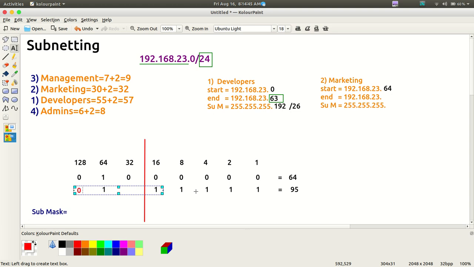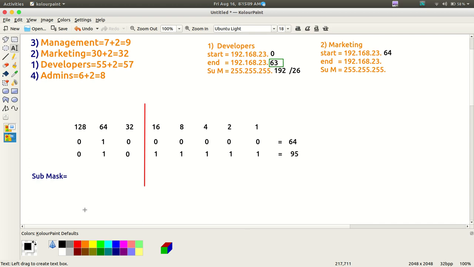So this will be 0 and here will be 0. Okay, so you have to copy everything from above. So basically your start IP address is 64, your end IP address is 95, everything before the line is your network. So I copied this 0 over here, this 0 over here, right?